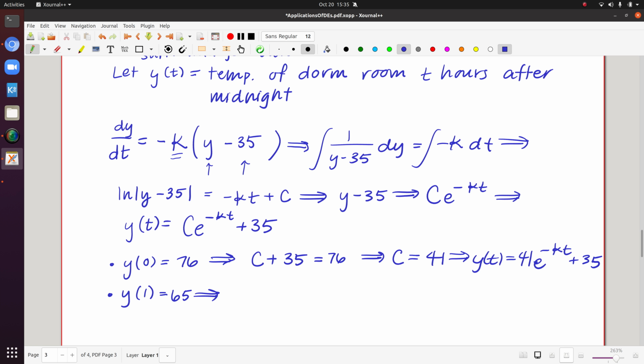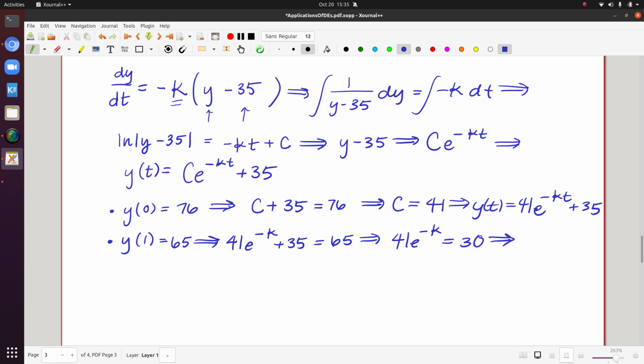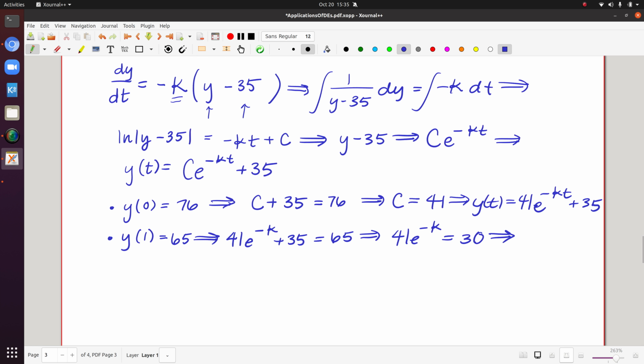That means when I plug in 1 to my solution, I get 41e^(-k) plus 35, that should equal 65. And we want to solve for k. We can subtract 35 from both sides to get 41e^(-k) equals 30. If I divide both sides by 41, we'll get e^(-k) equals 30 divided by 41.